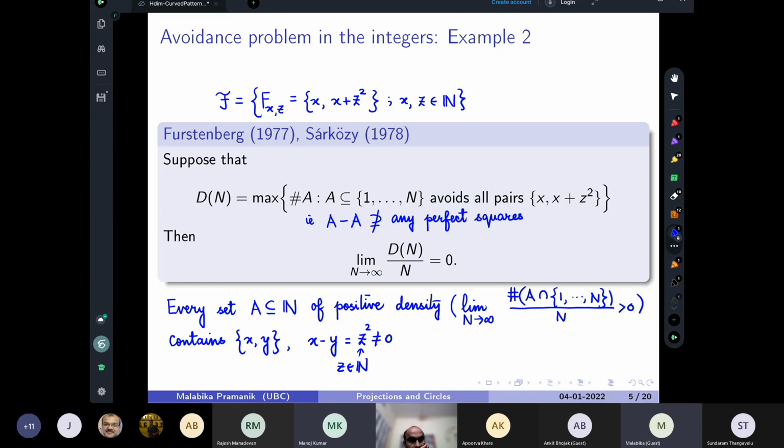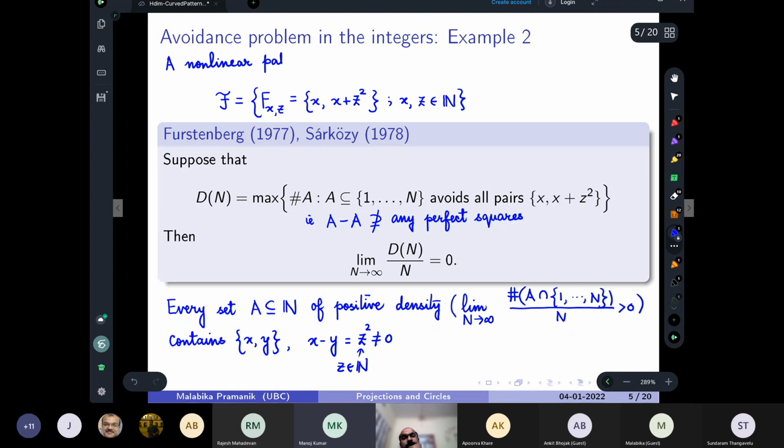Now this is an example of a nonlinear pattern, and this distinction will be important for us.